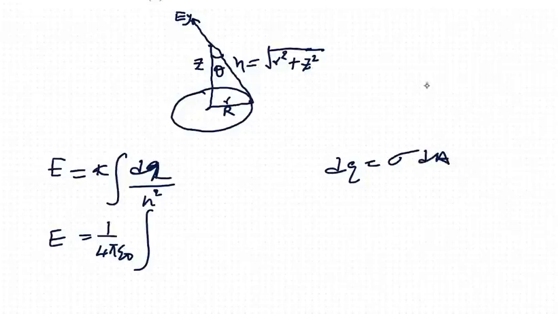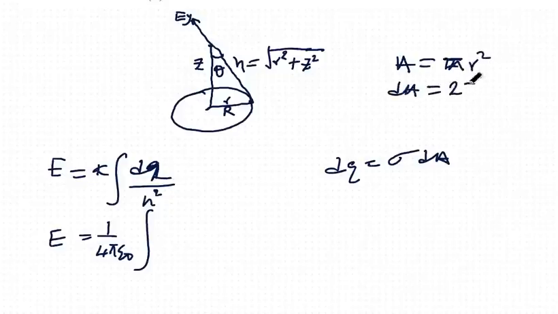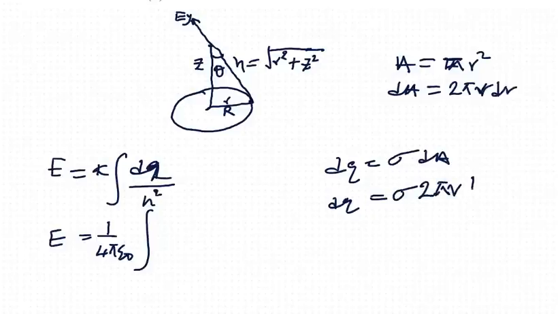The area of a circle is pi r squared, so dA will be equal to 2 pi r dr. So dq will be equal to sigma 2 pi r dr.